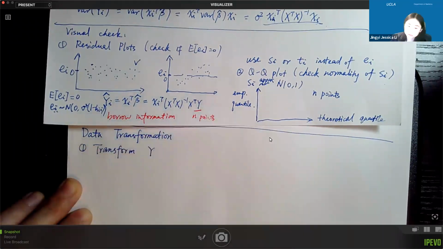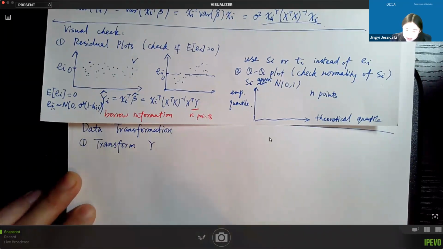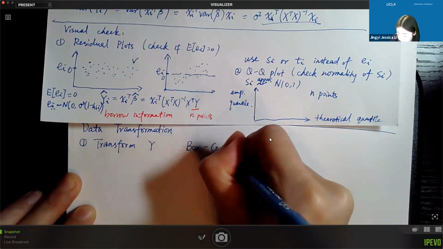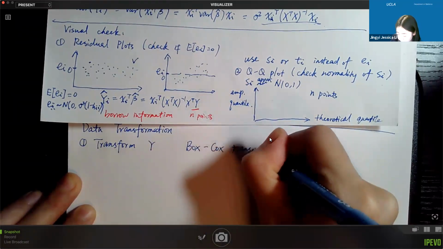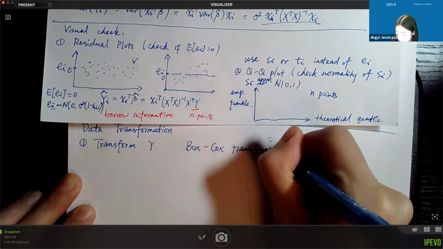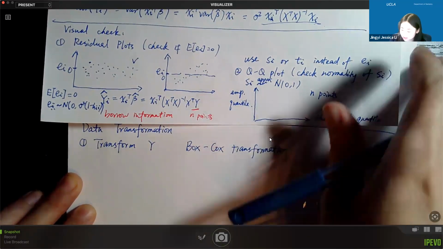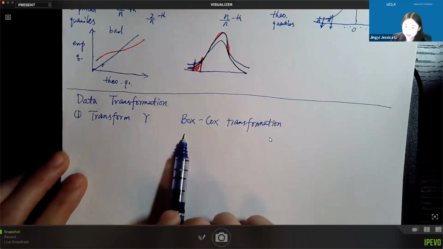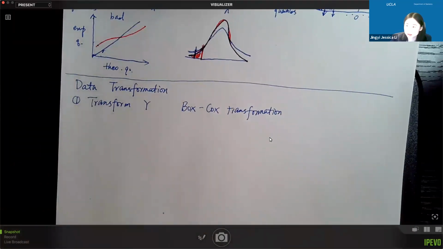The technique we're going to introduce is a very classic technique called the Box-Cox transformation. You must have heard of the two names Box and Cox on other occasions. Box is the one who gave the famous saying that all models are wrong, but some are useful. That's George Box.